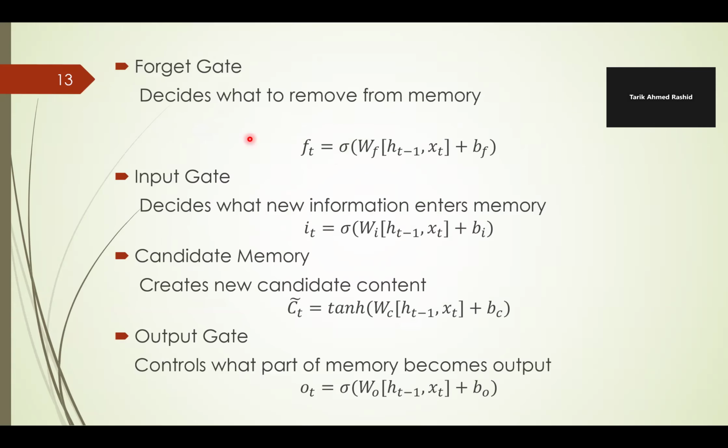We have four gates. The forget gate decides what information to remove from memory, and the input gate decides what information to enter memory. Candidate memory creates new candidate content, and the output gate controls what part of memory becomes output.